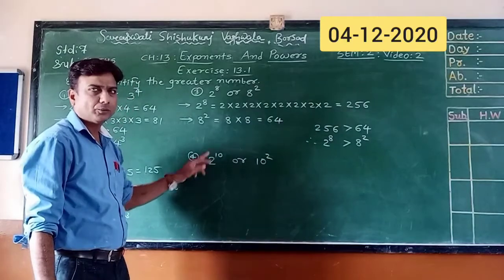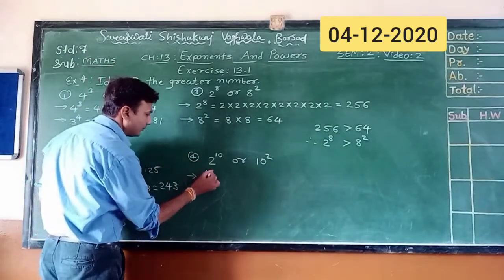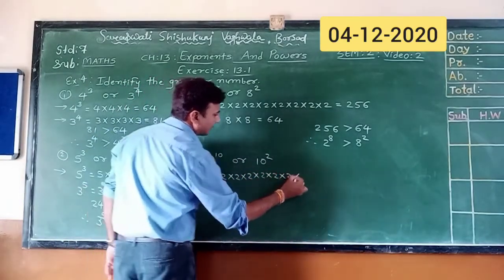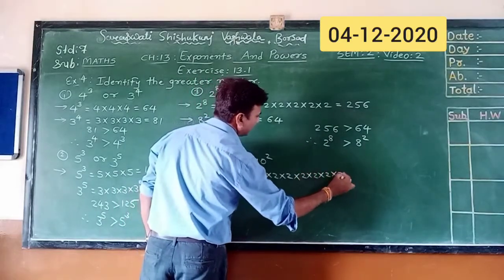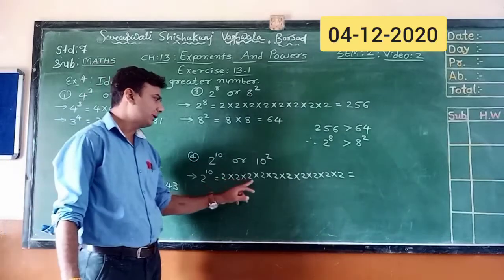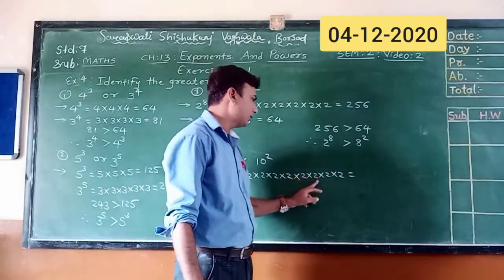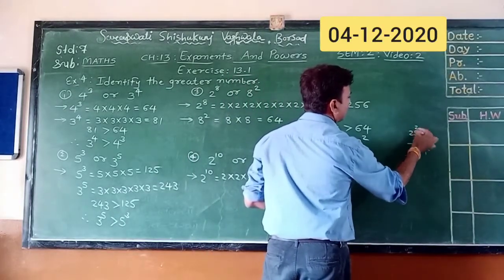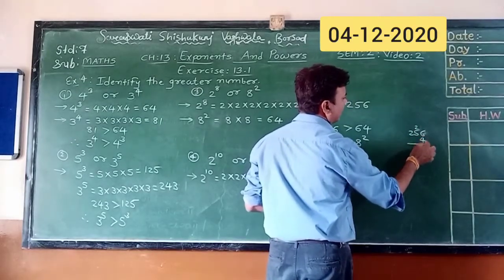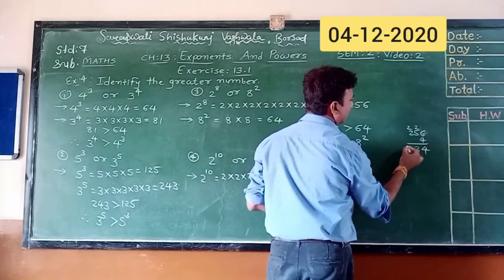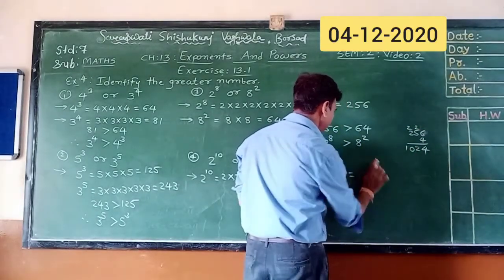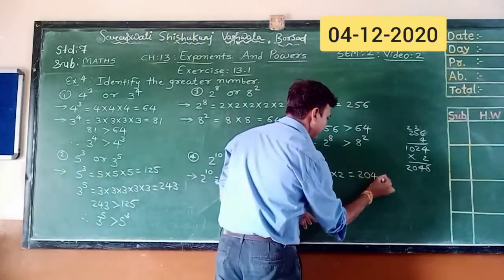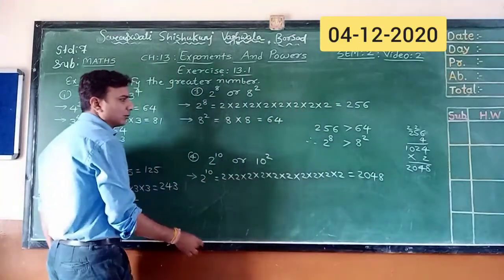Same concept for the next one: 2 raised to 10. We write 2 ten times and multiply: 2, 4, 8, 16, 32, 64, 128, 256, 512, 1024. So 2 raised to 10 is 1024.